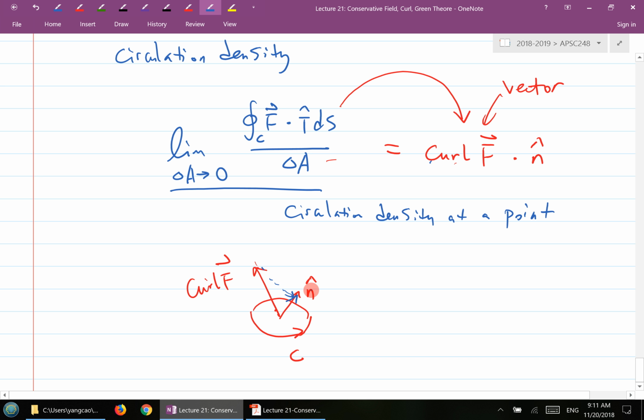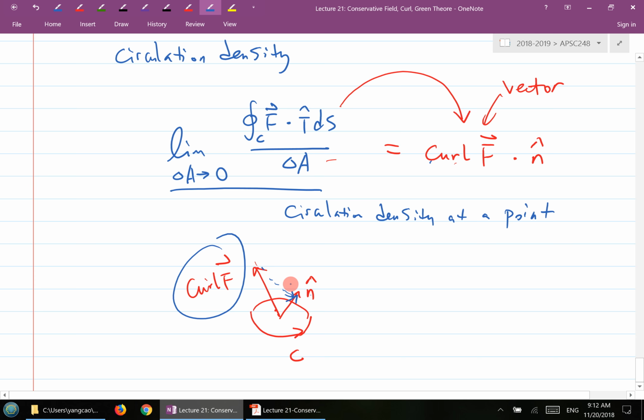And only when the N vector is in the same direction as this guy here will your paddle wheel rotate at the maximum speed, because when these are aligned with each other, you get the maximum circulation density. So if you have zero circulation density, what does that mean? At that location, you will not be able to cause any rotation.